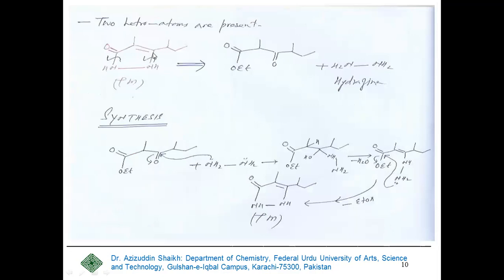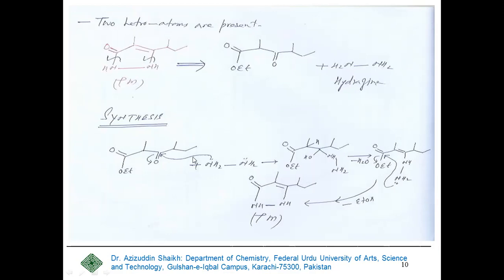Another example of a five-membered ring, where two nitrogens are present. These carbon-nitrogen bonds are disconnected, and a carbonyl and ethoxy group will be obtained, and the hydrazine will be removed.